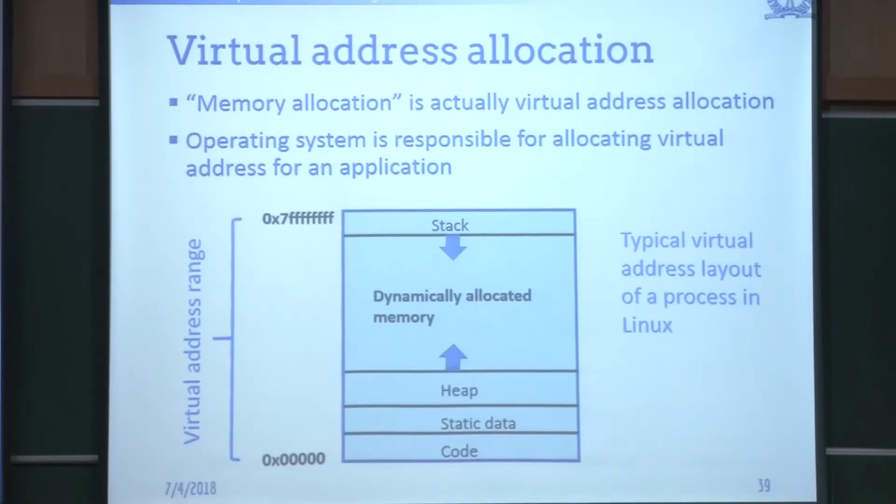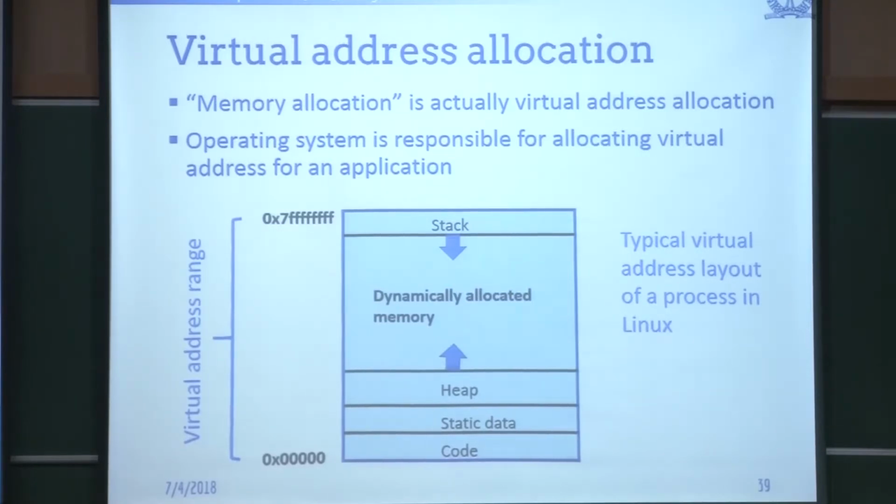This is how Linux initially lays it out. At the very base, you generally have some portions which keep the code. There is some static data, like the data values that you have already initialized, not dynamically allocated. Then you have the heap memory region that grows up. This is a dynamically allocated memory region.